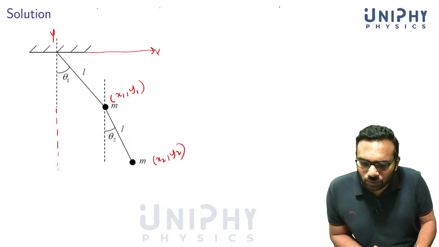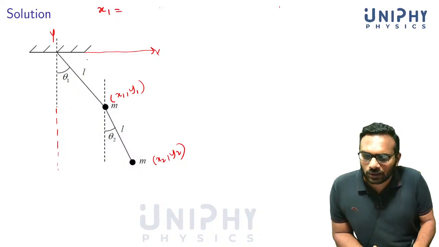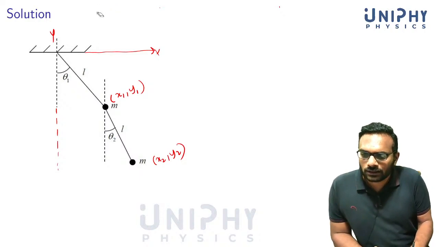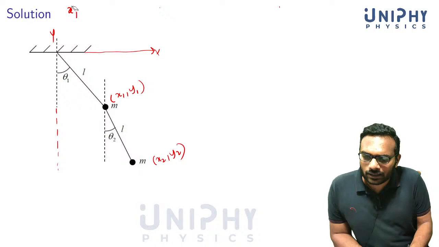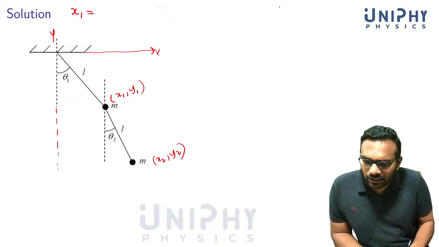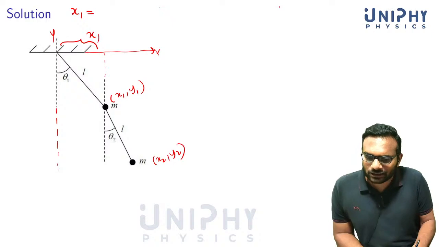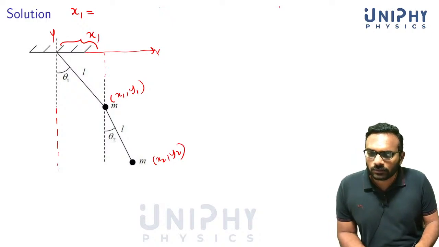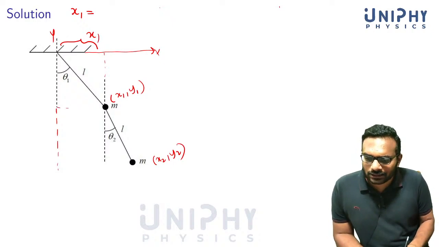So what's x1? x1 is actually this length, because this is the x-axis. So this length is x1.